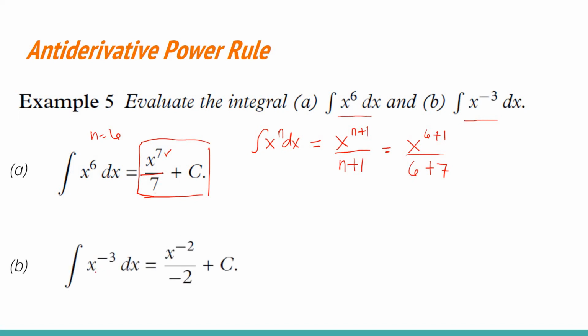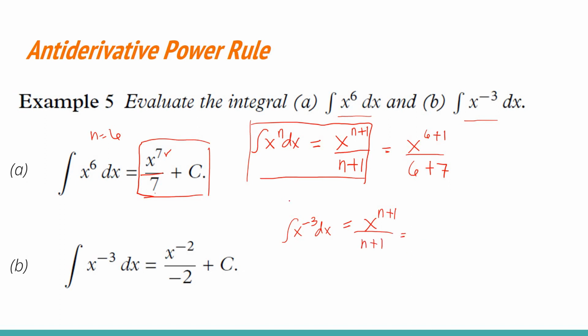Next, the integral of x raised to the power of negative 3 dx equals x raised to the power of negative 2 over negative 2. So applying this rule, the integral of x raised to the power of negative 3 dx would become x^(n+1) divided by n+1.